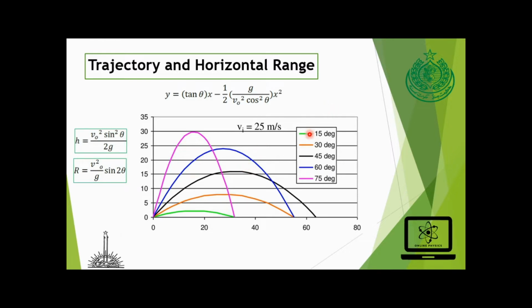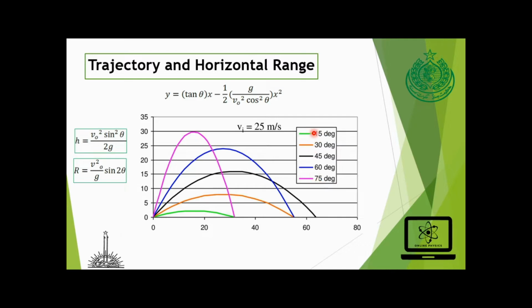But see, the green and purple: green has a launching angle of 15 degrees and this is 75 degrees, and they have the same range. This is the reason: 90 minus theta. So this theta is 15 and 90 minus 15 gives us 75.